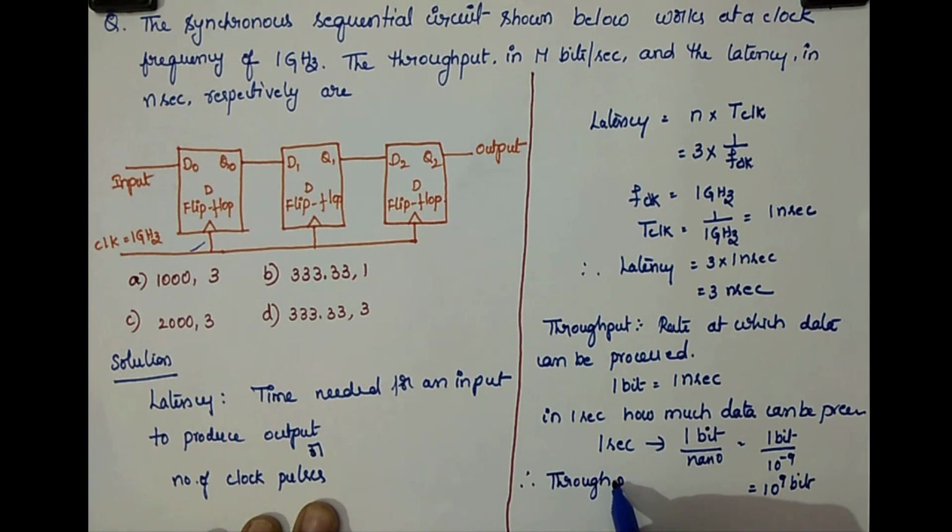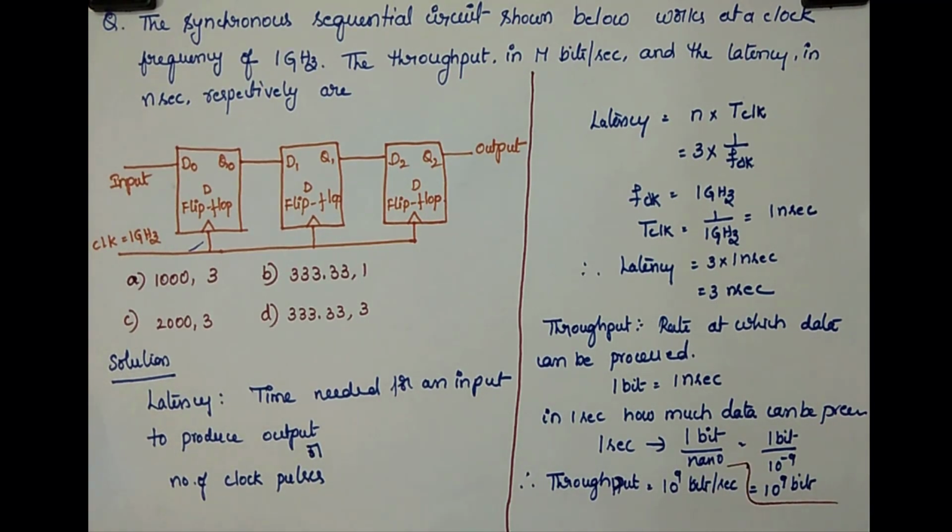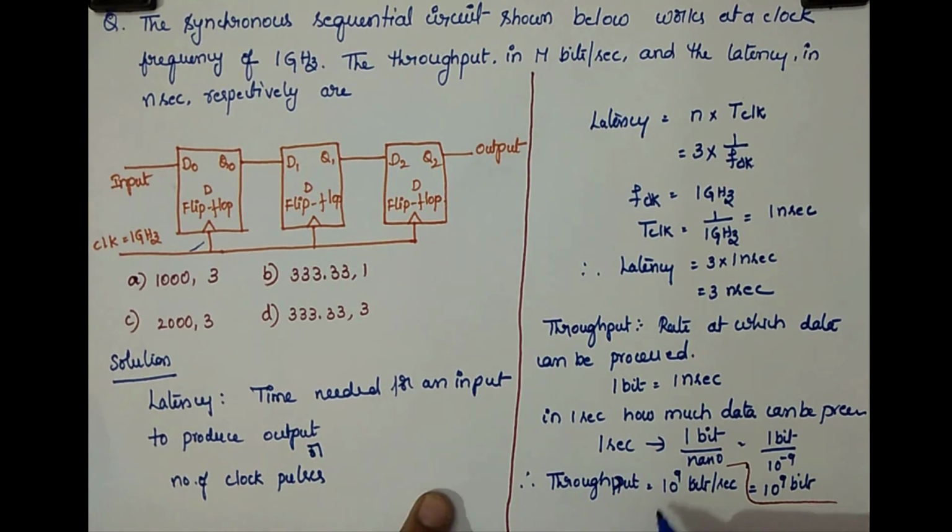Therefore, throughput is 10 power 9 bits per second, or 1000 megabits per second. This is your throughput.